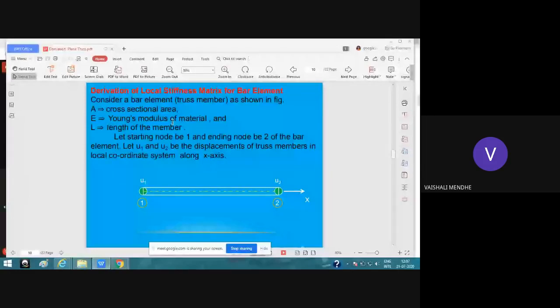Local means we assemble the stiffness matrix for any member along the local direction. That stiffness matrix will be the same; only the direction will change, but the stiffness matrix will be the same.